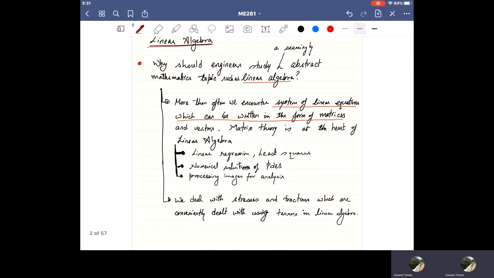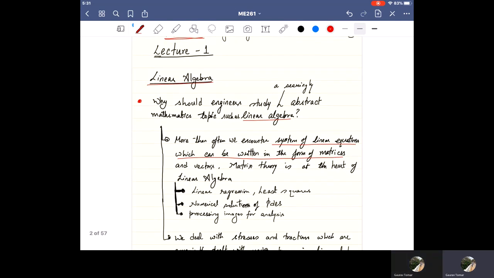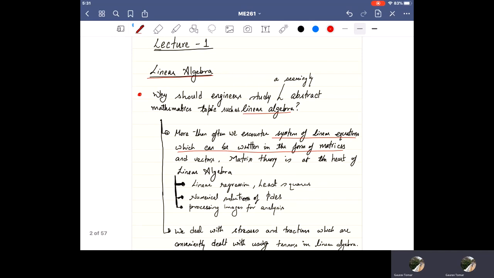More often than not, we encounter in engineering problems a system of linear equations which can be written in the form of matrices. So normally when you're looking at linear regression or fitting something using least squares, or when you're solving for numerical solutions to PDEs, then we set it up like finite difference, finite volume, or finite element.